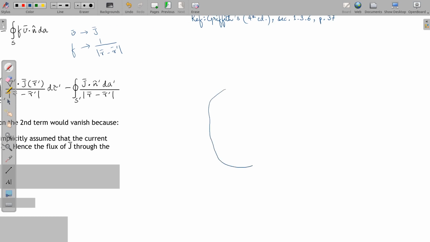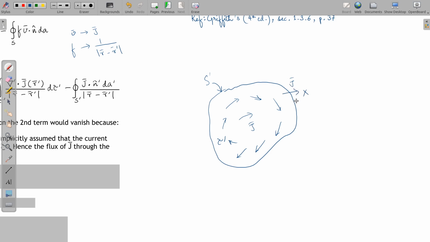So we have some volume tau prime, which is bounded by some surface S prime. So what you're saying is, this current density is contained totally inside this one, so it might circulate here and there, but none of the currents actually come out of the surface.